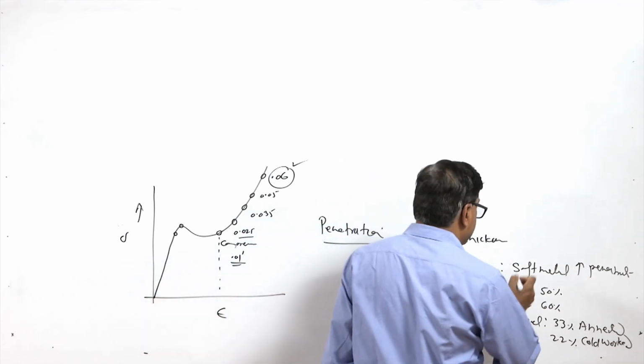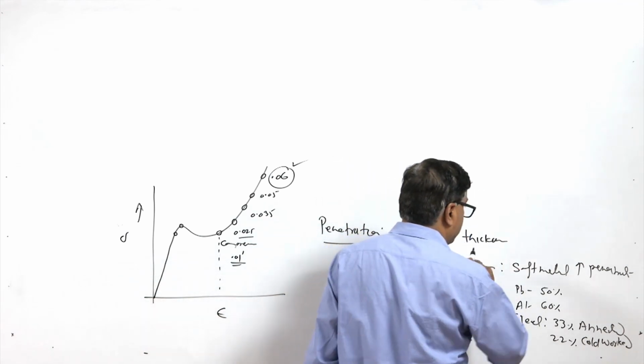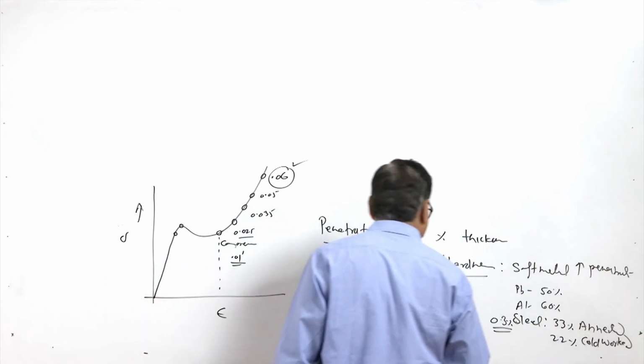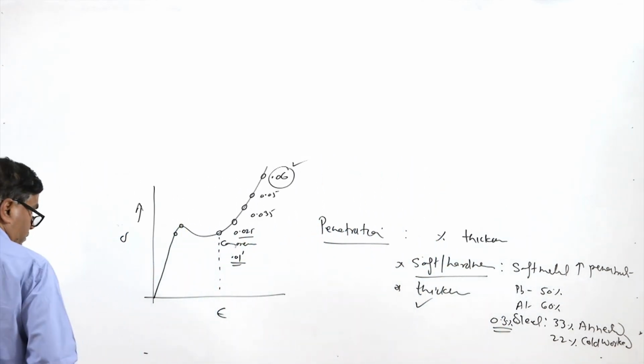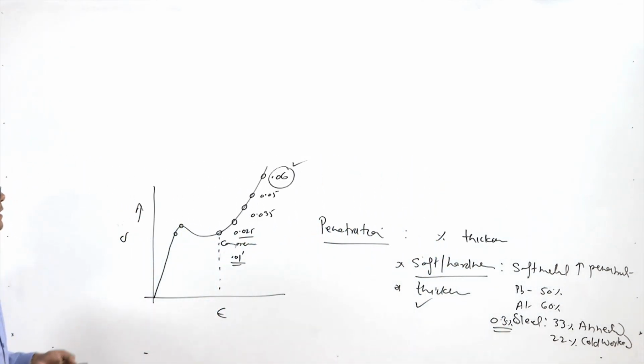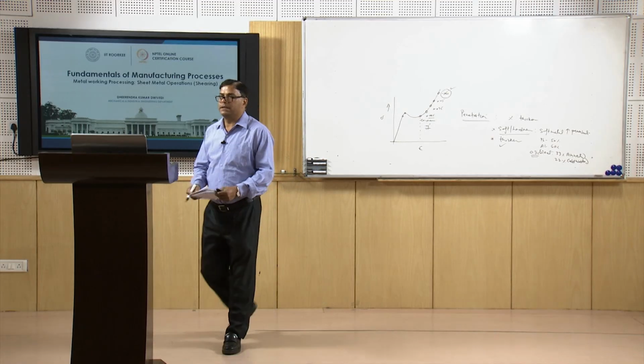So the softness or hardness of the metal affects the required penetration. Similarly, for increased thickness, a greater percentage of penetration is required. This is what has been explained.